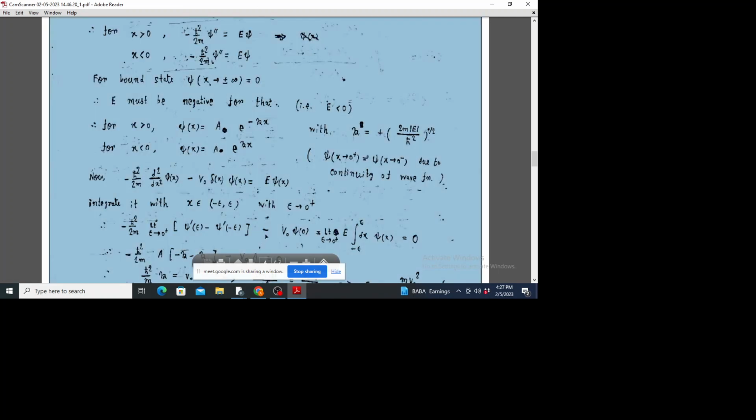So what do we get from the first term? We get this one. This is nothing but the first fundamental theorem of calculus: psi dash epsilon minus psi dash minus epsilon, since I have integrated from minus epsilon to plus epsilon. Now the second term, due to the property of the delta function, gives us b naught psi naught.